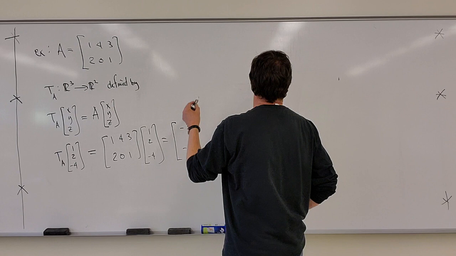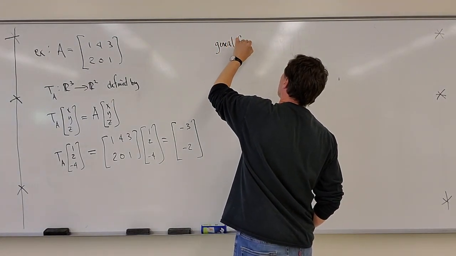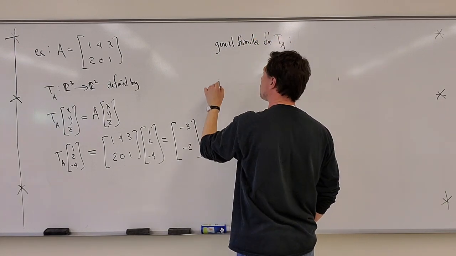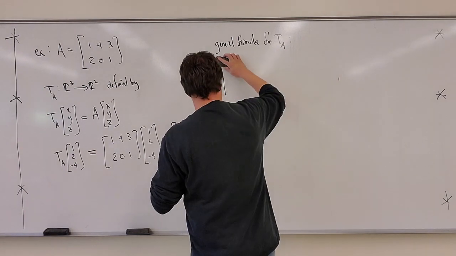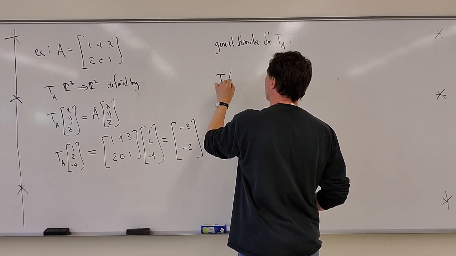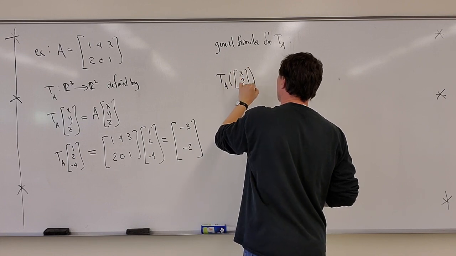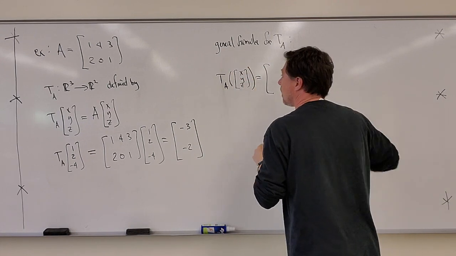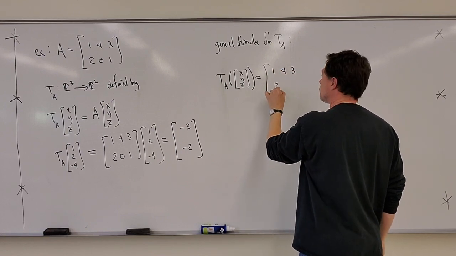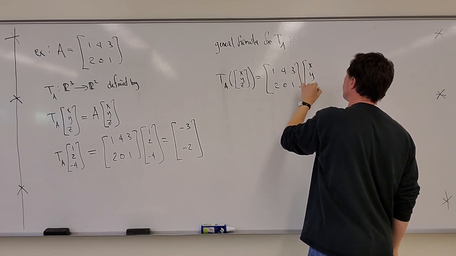In general, the general formula for T sub A goes like this. T sub A of the vector x, y, z is equal to matrix A, so that's 1, 4, 3, 2, 0, 1, times x, y, z.